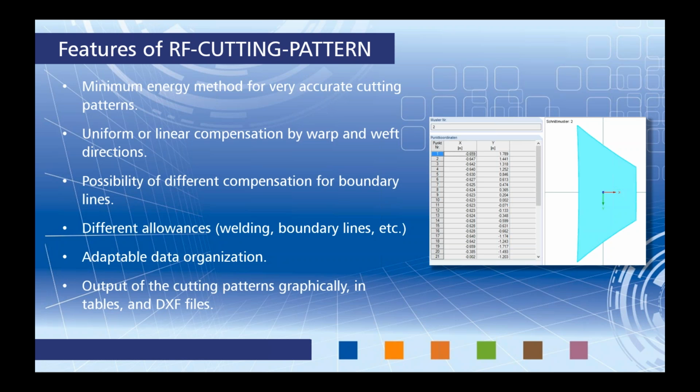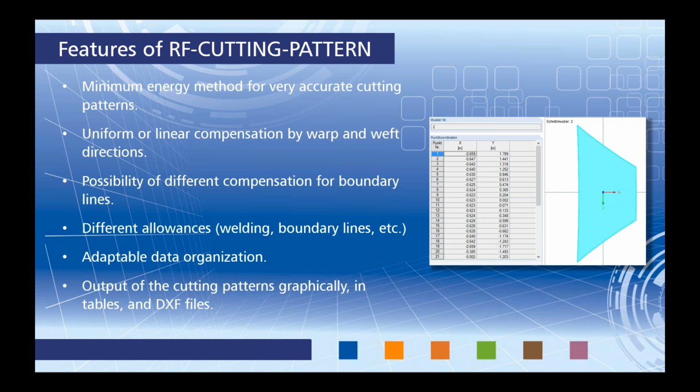So for the 2D cutting pattern, we can take into account that compensation. We can also apply these compensations for boundary lines around the 2D cutting pattern, so it doesn't necessarily need to be in the warp and weft directions. We can also allow for different allowances, such as for welding and for boundary lines. Welding for overlapping members, maybe we need some additional material. Boundary lines for the upper and lower portions of the 2D cutting pattern as well.